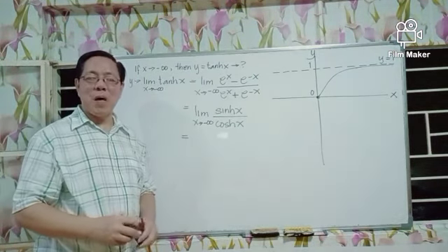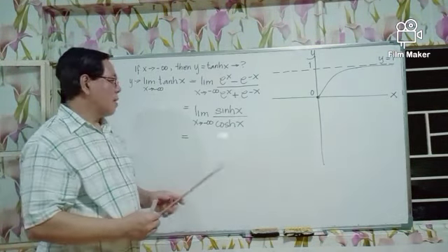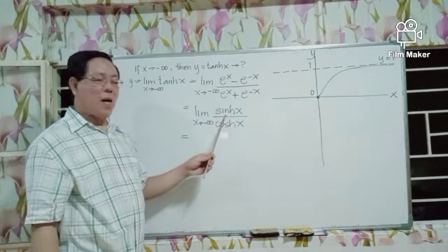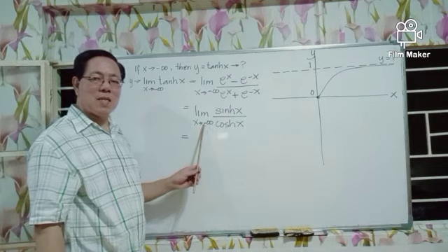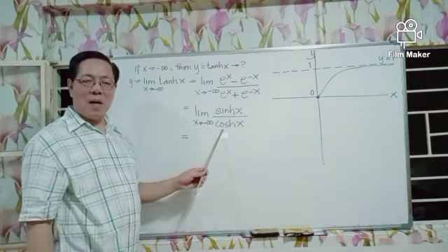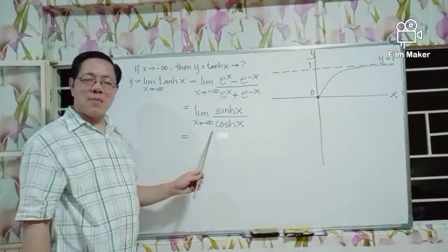And using one of the properties of limits, the limit of this ratio is equal to the limit of hyperbolic sine of x as x approaches negative infinity over the limit of hyperbolic cosine of x as x approaches negative infinity.